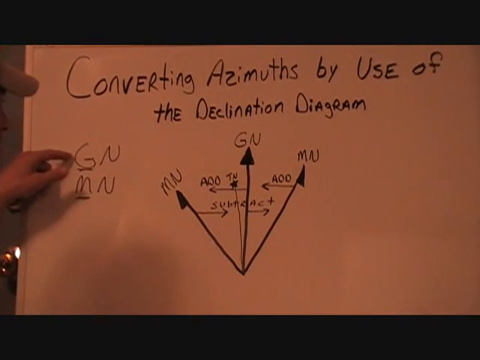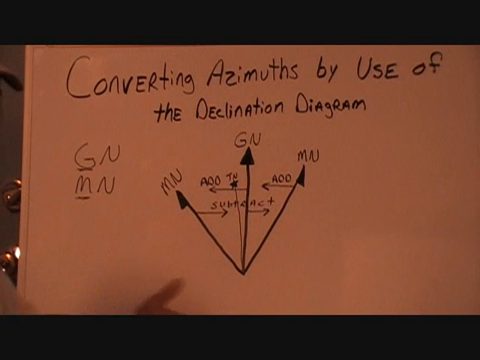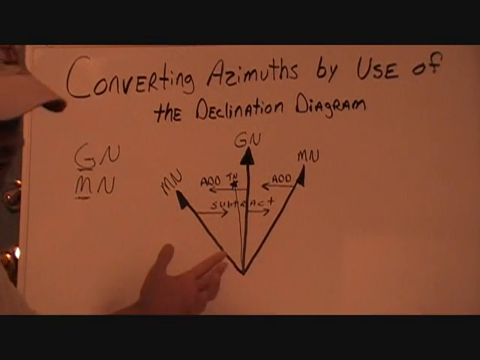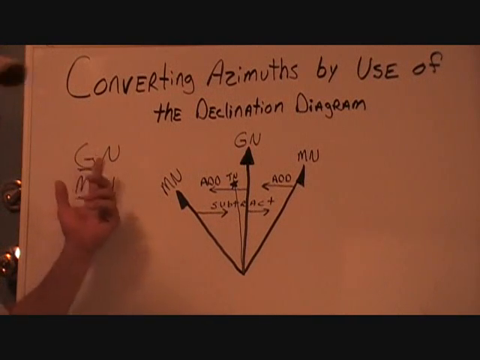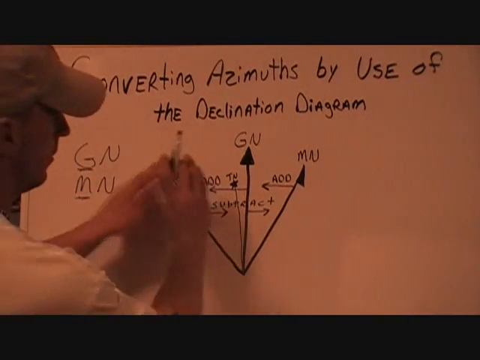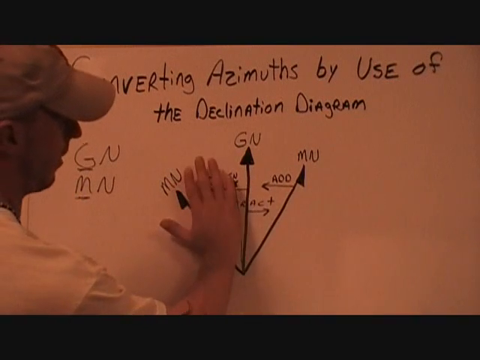So if you're going from a general to a major, you would subtract that number that's shown in the declination diagram, and vice versa. If you went from major to general, you would add that number. Well, that only applies if your declination diagram looks like the right half of this.